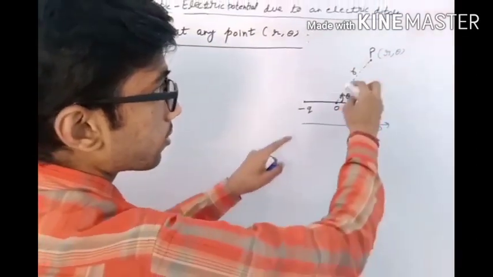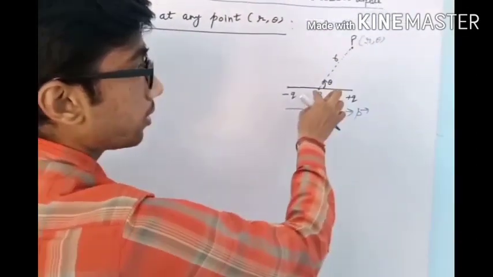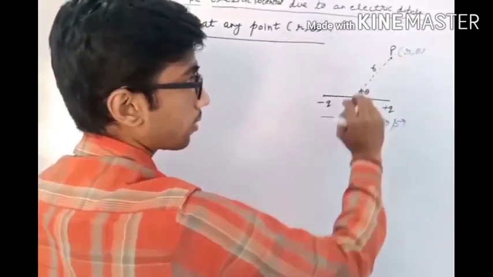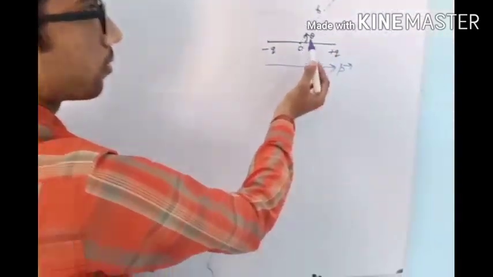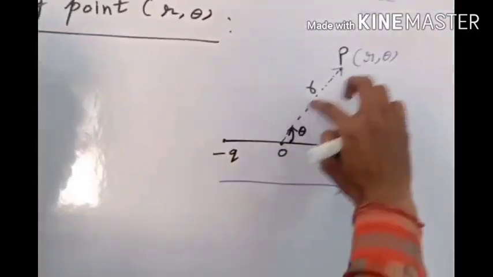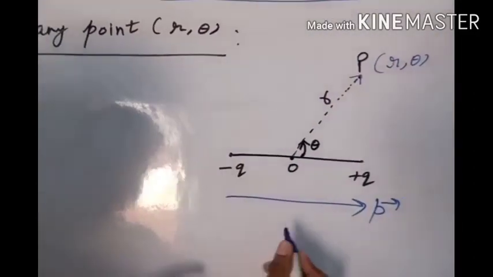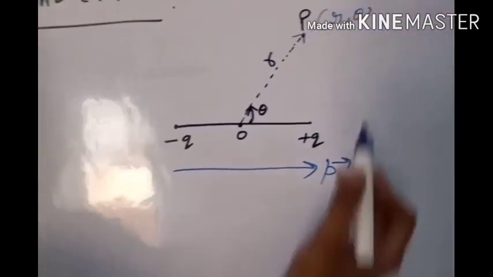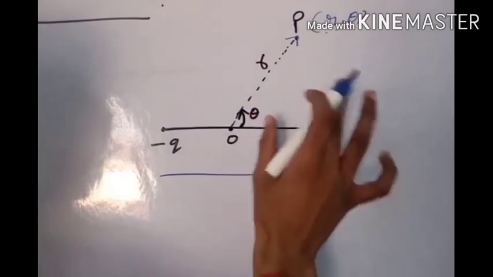The distance of this point from the center of the dipole is r, and the angle between the radial vector r and the dipole vector is theta.